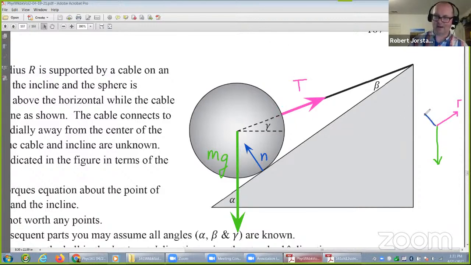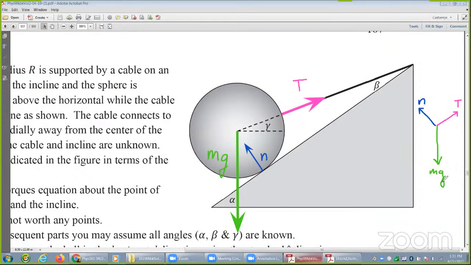Not necessarily at right angles, right? In this case, couldn't you do sum of forces, two equations, two unknowns? That's what I was trying to get at, why you don't need torques. Does that answer your question?